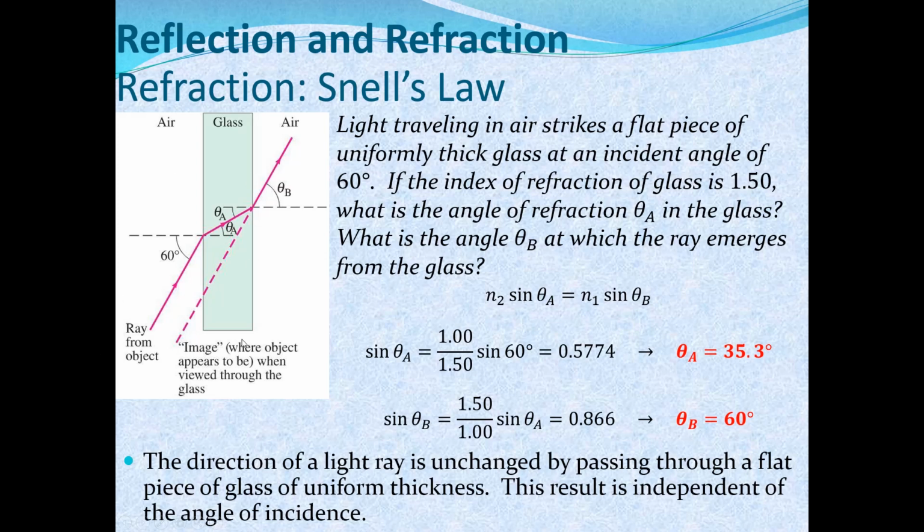For example, I could have done something similar to this by just going from air to air and realizing, oh, because the indexes are the same, the angles are the same. So all that happens as light goes through this glass is that it doesn't affect the angle it travels in. All it does is affect where it's located. Instead of coming in over here, it's put off a little bit based off of the thickness of the glass.